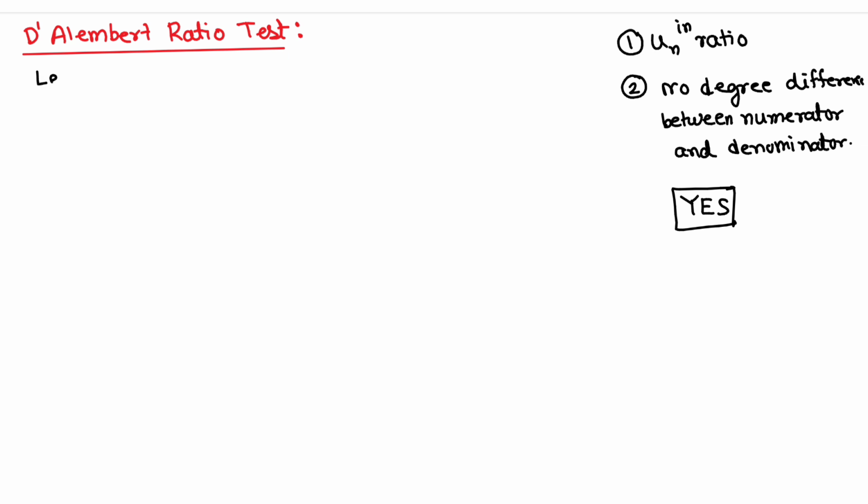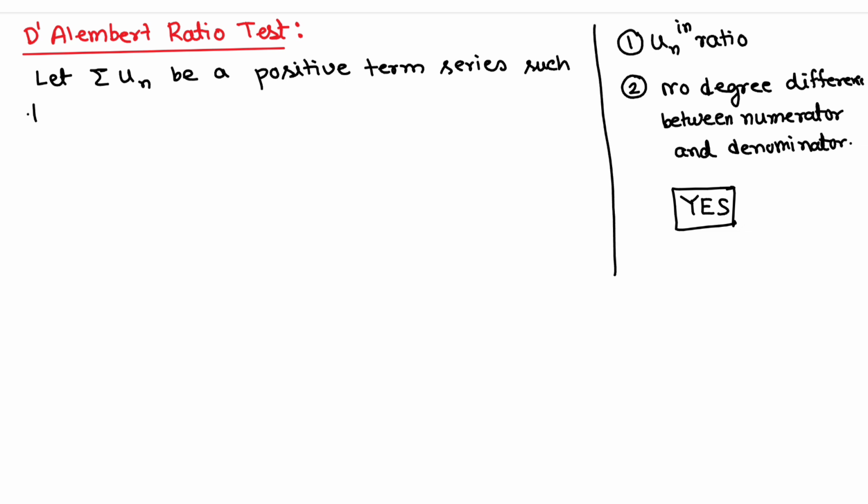Let summation un be a positive term series such that limit n tends to infinity un plus 1 divided by un equals L, and L must be a finite number.